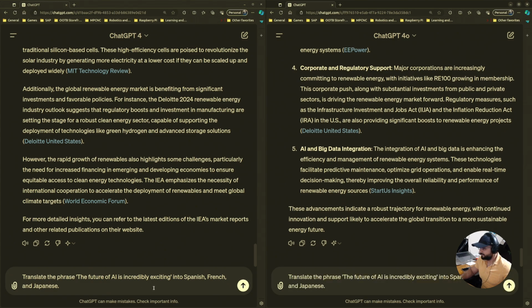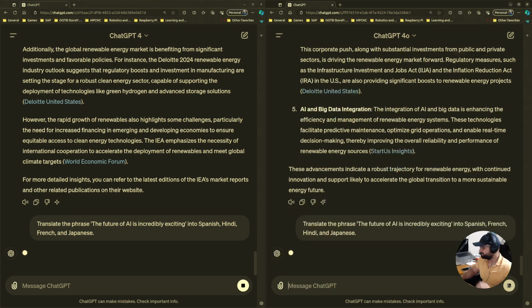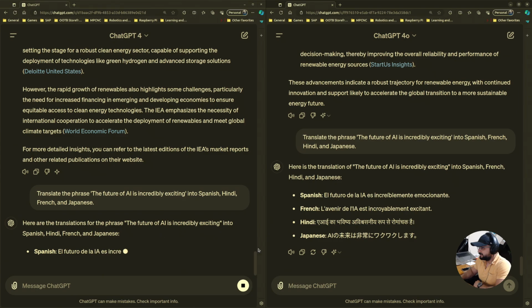Let's add a 4th language, Hindi, because I can evaluate the performance of Hindi over here. All right, so send and send.